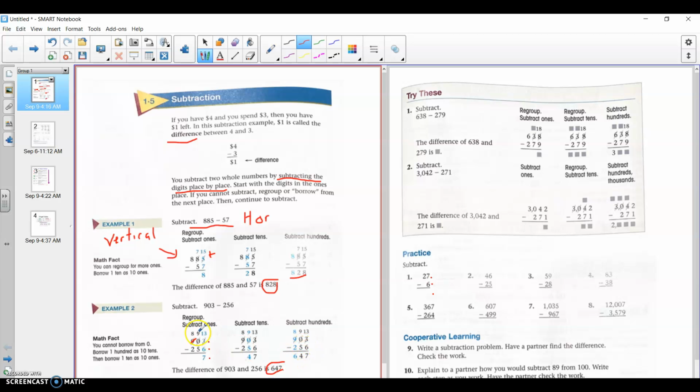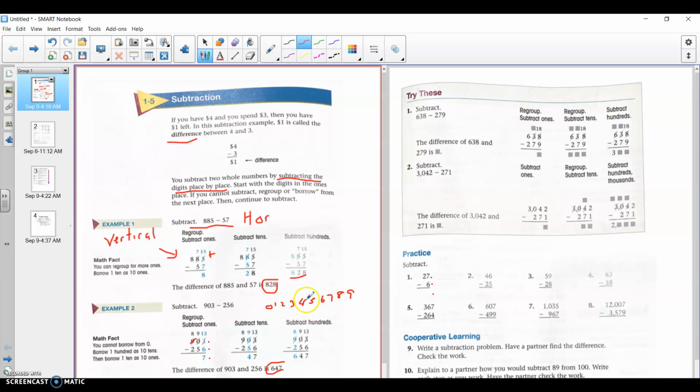Now back to this 9 here. If I wrote out the numbers 0, 1, 2, 3, 4, 5, 6, 7, 8, 9. All right, please watch what happens. Okay. If I borrowed 1 from 9, it would become an 8. If I borrowed 1 from 8, it would become a 7, right?